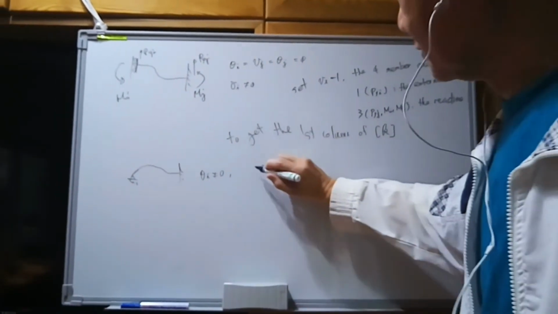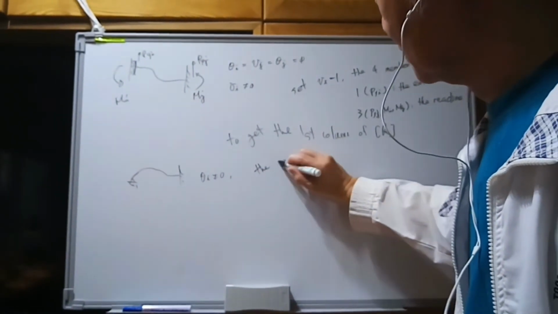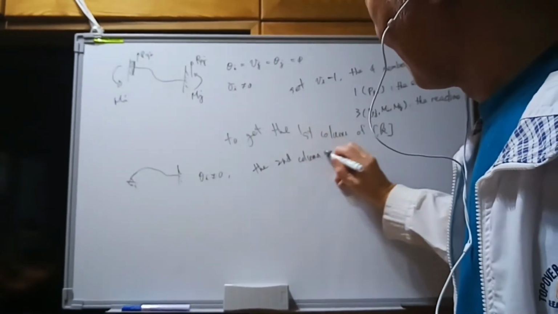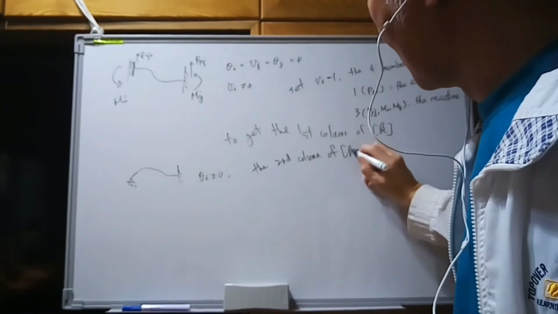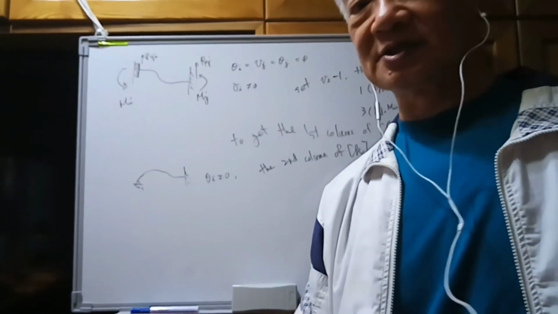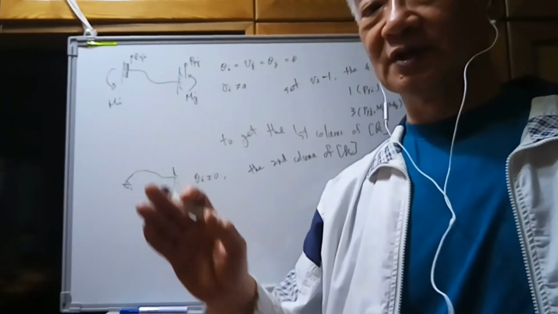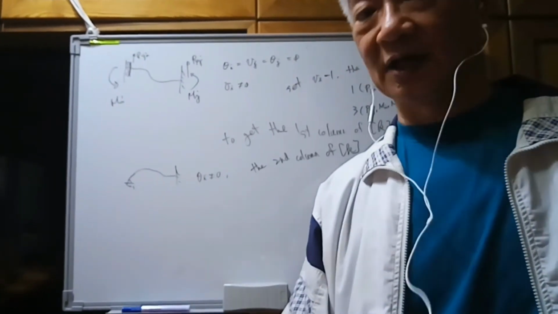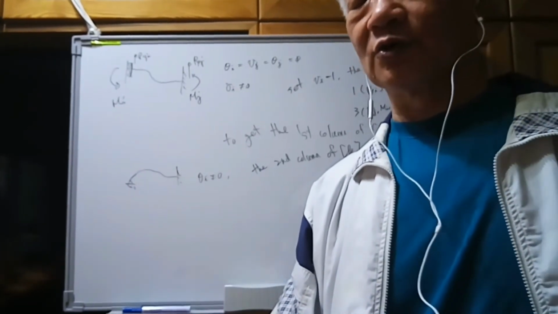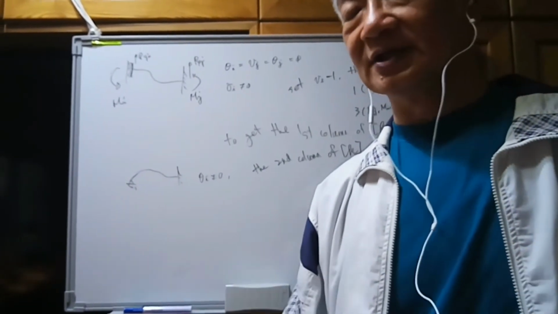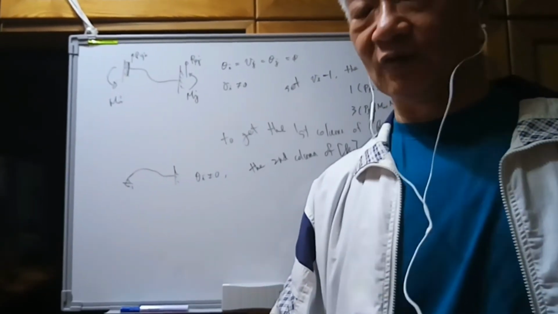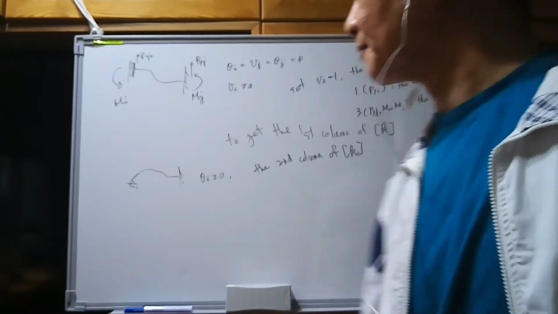For this case, you can get the second column. Also, you can use the other two special cases to get the third column and the fourth column of the K matrix. After you solve these four columns, you can combine them together to give you the complete 4x4 element stiffness matrix.